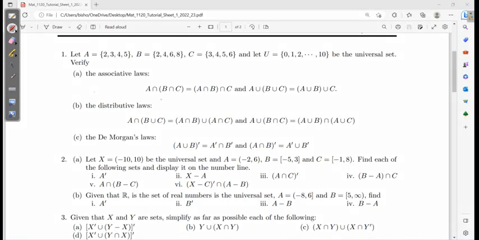Okay? So I'll prove this now for the sake of your understanding using the question that was given to us. If you look at A, they've told us A has the elements 2, 3, 4, 5. B has 2, 4, 6, 8. C has, we're able to see all that. Now, for us to prove, I'll only prove the first one. The way I'm going to prove it applies to everything else.